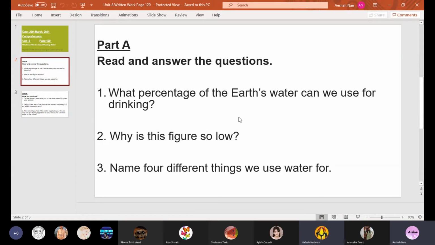Teacher, can I write this? 4% of the Earth's water can be used for drinking. Yes.